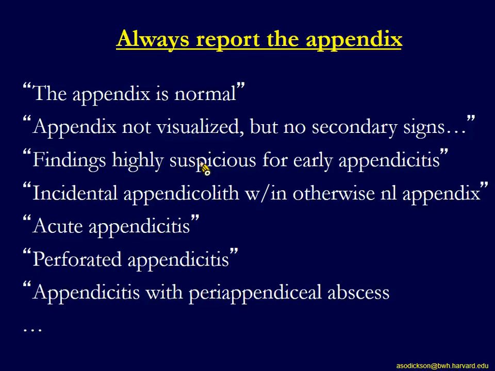So I will often say findings of mild, early, uncomplicated appendicitis. I think some of my more junior colleagues might not be quite as confident, having not seen thousands of cases. But yes, I think it's our job to be as definitive as we can here, so that the surgeons know how to manage these patients.